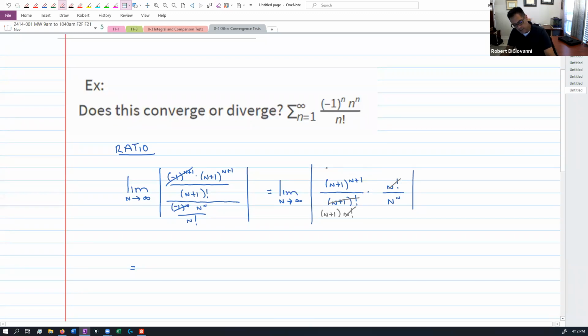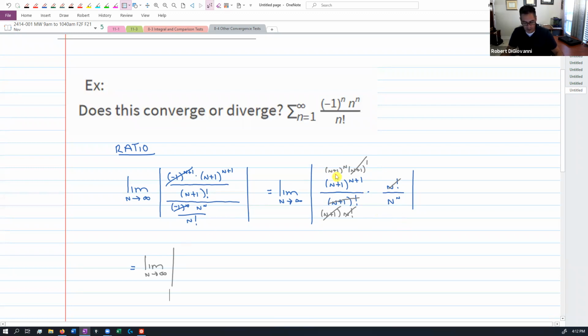Let me do this. This right here becomes n plus 1 to the n times n plus 1 to the first power, just using properties of exponents. And when I do that, this n plus 1 and that n plus 1 cancel, which is nice. So all I have up top is the limit as n goes to infinity of the absolute value.